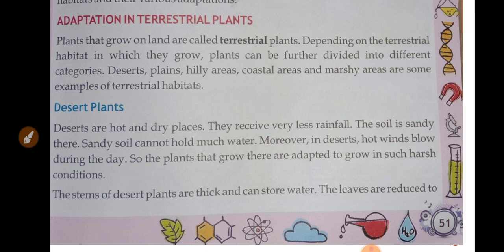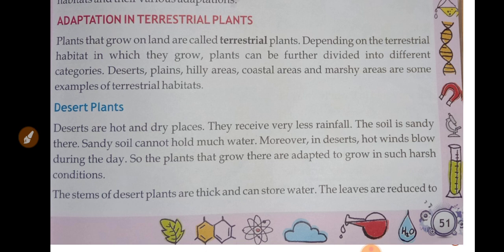Actually in the desert area very less rainfall is there, means they receive very less rainfall, and the soil present in the desert area is sandy, just like sand, so it cannot hold more water. That is why desert plants adapted to survive in that desert area.